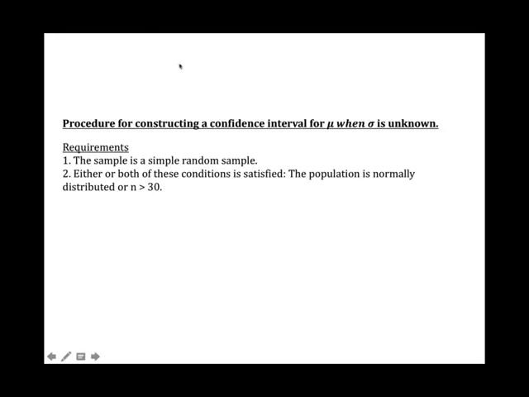Okay, procedure for constructing a confidence interval for a population mean when the population standard deviation is unknown. Okay, so this is talking about s being given. Sample standard deviation is given. So simple random sample and the central limit theorem. Okay, the population is normally distributed or the sample size is greater than 30. So first, find the degree of freedom and the critical value, just like the previous example.